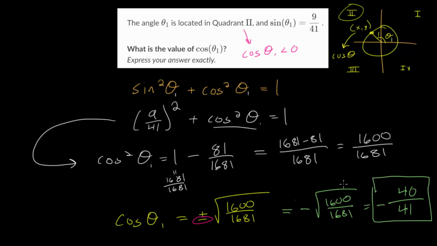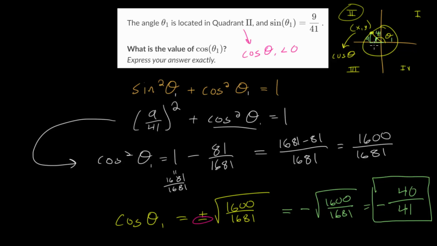And in a later video, we will look at an alternate method for finding this value here, the cosine or the sine of some angle, where we can construct a right triangle and use this angle right here. We know the sine deals with the opposite and the hypotenuse. We can set that equal to 41.